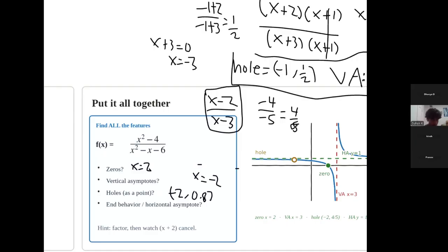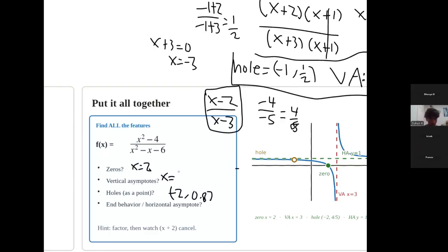So our vertical asymptote is going to be x equals 3.